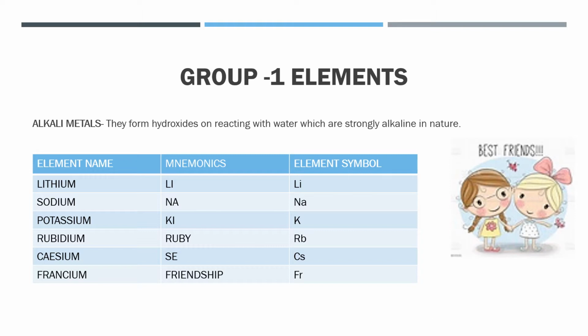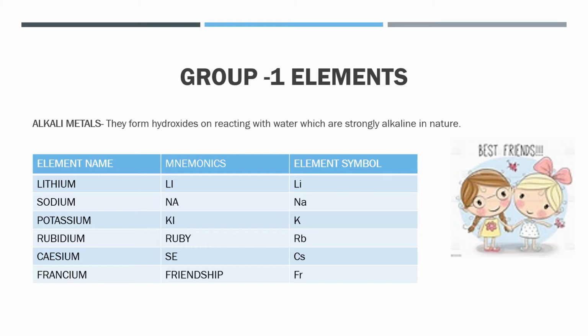The elements in group 1 are lithium, sodium, potassium, rubidium, cesium and francium. The symbols are Li for lithium, Na for sodium, K for potassium, Rb for rubidium, Cs for cesium, and Fr for francium.